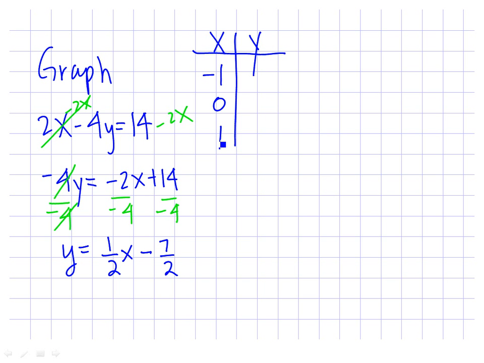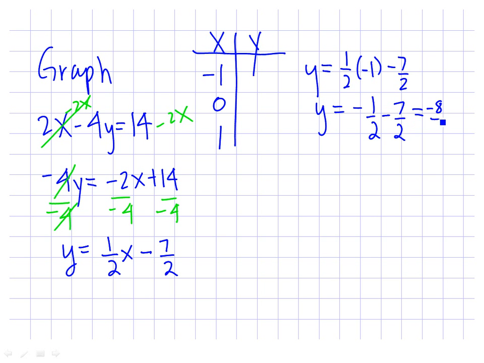If I plug in a negative 1, what would I get? So y equals 1/2 times negative 1 minus 7/2 is y equals negative 1/2 minus 7/2. What is negative 1 minus 7? Negative 8 over 2, which is negative 4. Let's put negative 4 here. If you plug in a 0, this is easy because this will go away, and you only have negative 7/2 left.